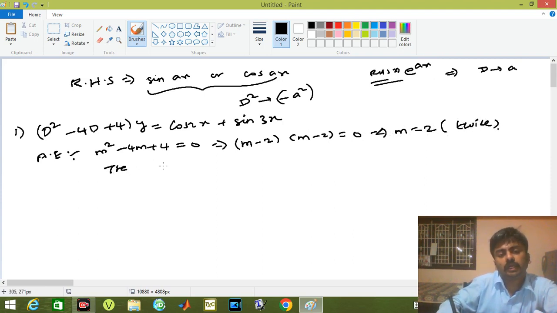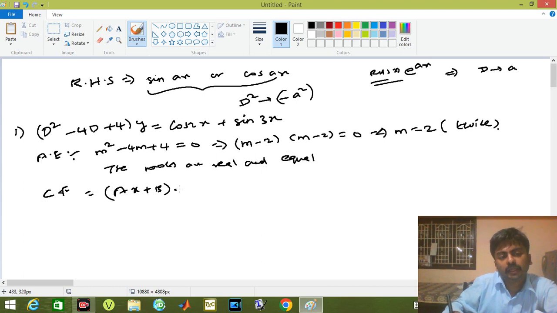Therefore the roots are real and equal. If roots are real and equal, you will have the complementary function as ax plus b into e power 2x.